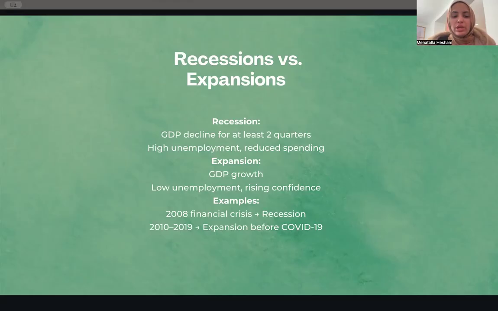For example, the 2008 financial crisis was a severe recession, while the period from 2010 to 2019 saw a long expansion before the COVID-19 pandemic disrupted the economy.